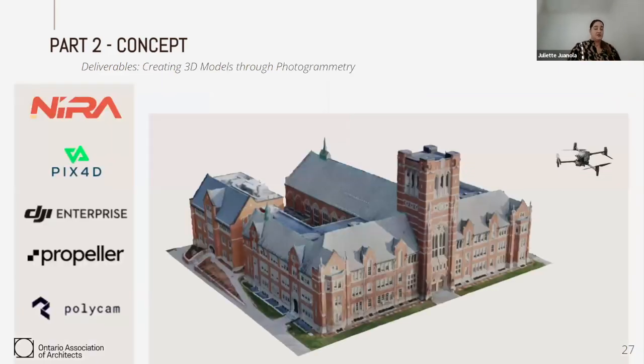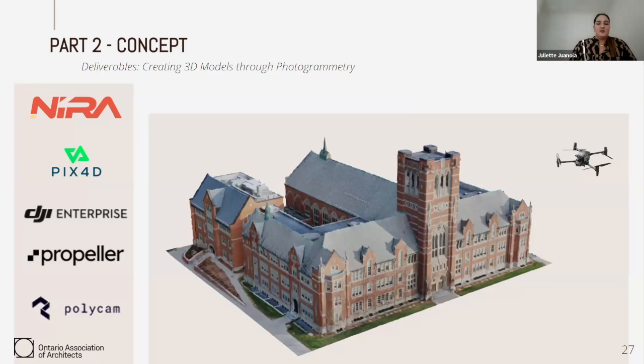Then I told you about how interesting it would be to collect visual data with the drone. Well, this visual data capture can lead to creating 3D models through photogrammetry. This is using visual photos captured by drones all around the building to create a very accurate 3D model.